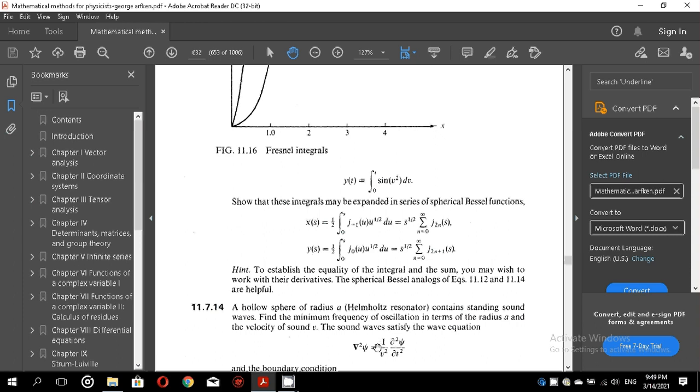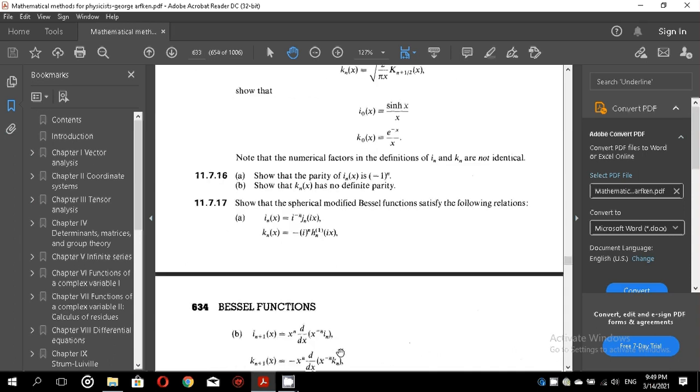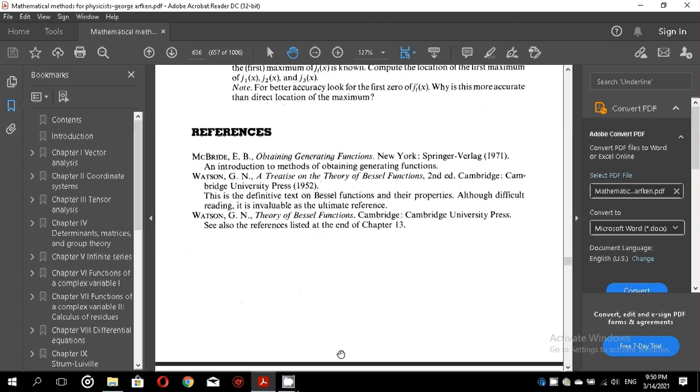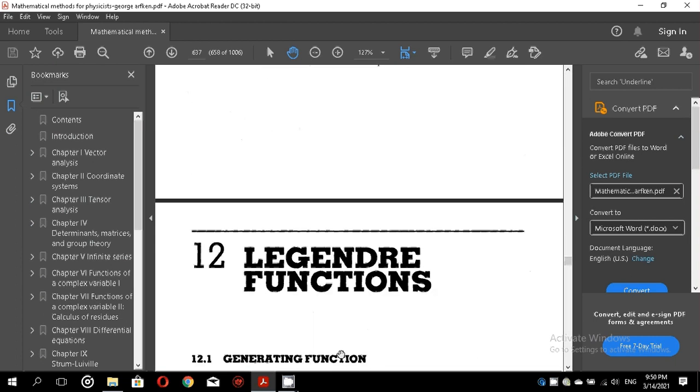The rest of the portion you can skip because that is not very important, but the portion I have covered in my lectures is the important portion, and you must be able to answer any question from this. So that's all for today's lecture, in which we have concluded chapter number 11, that is the Bessel's functions.